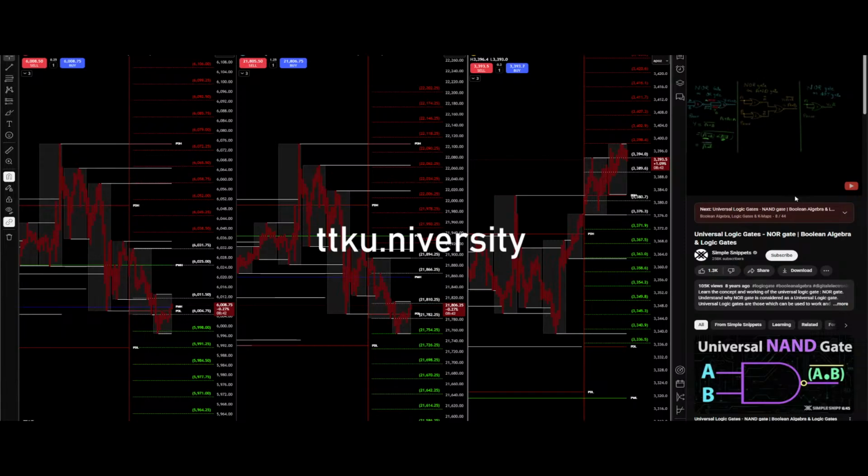Now we also know that A double complement is equal to A. This is the double negation law. So this will give us A or B, and this is our final answer. Notice that A or B is a logical OR operation. So hence, using two NOR gates in this format, we have achieved the OR gate operation.